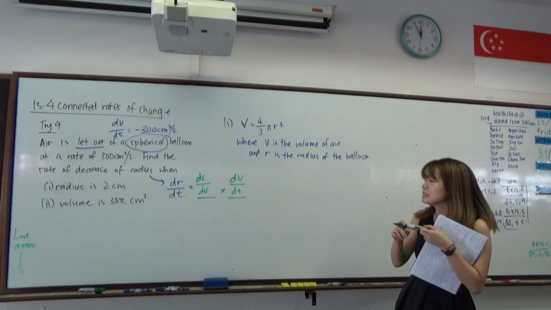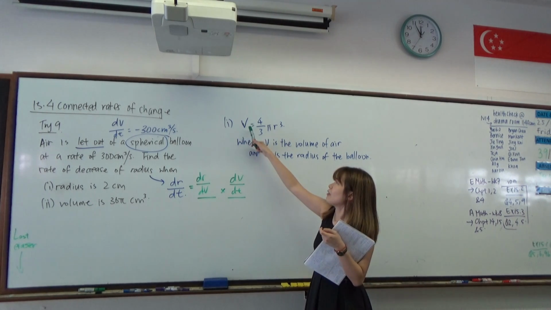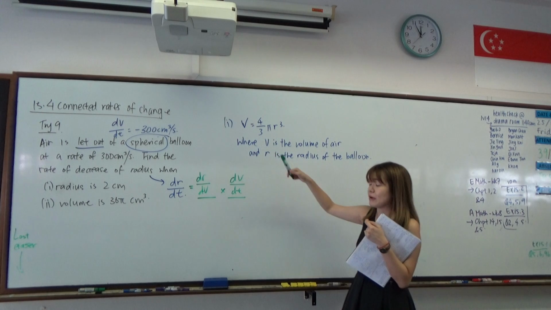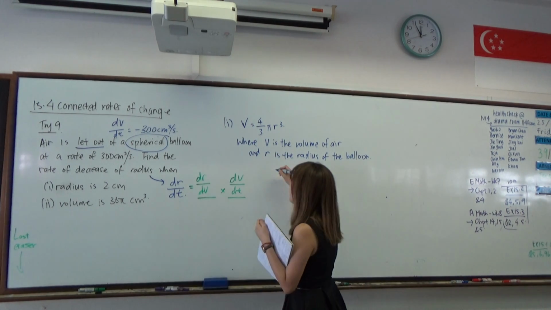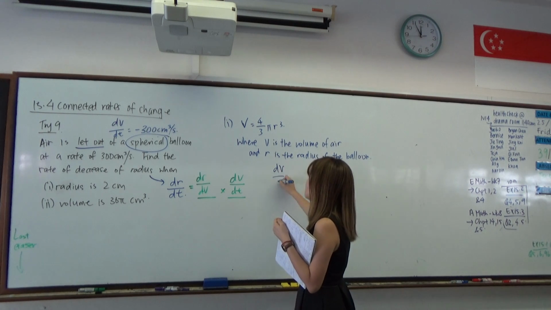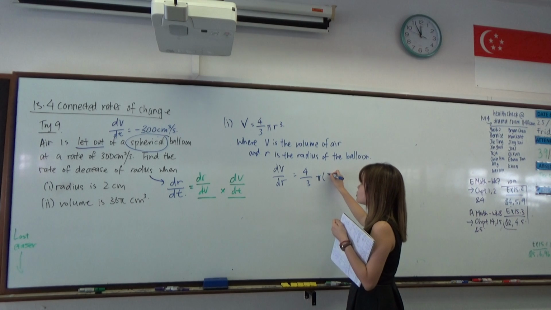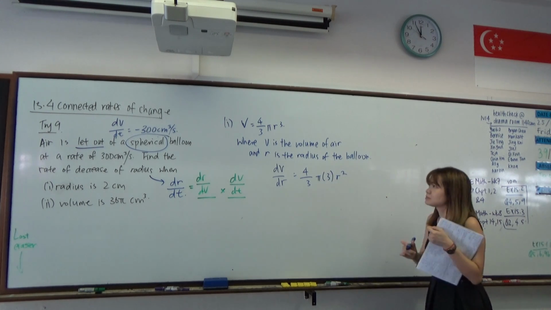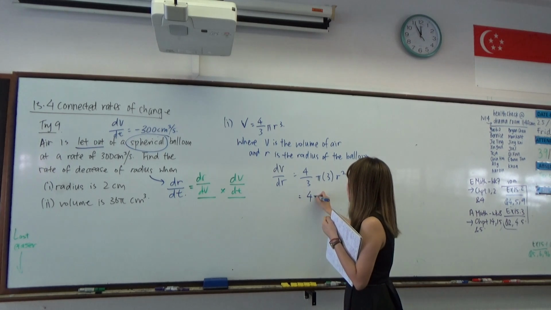First, for dr over dv, we will not be able to have r as the subject, and it is not very convenient for us to differentiate. So we will find dv over dr. That will give us 4 over 3 pi times 3 r squared, which gives us 4 pi r squared.